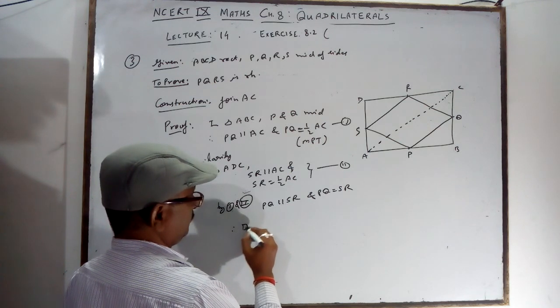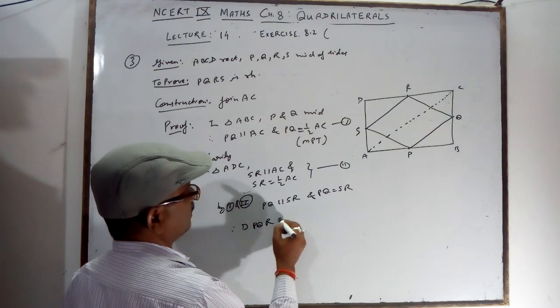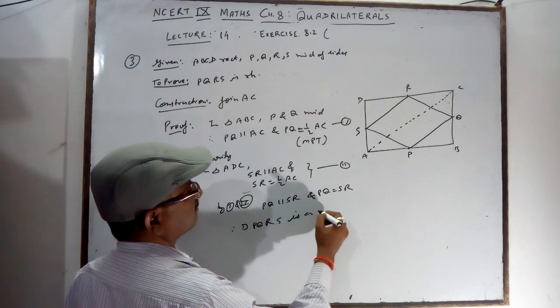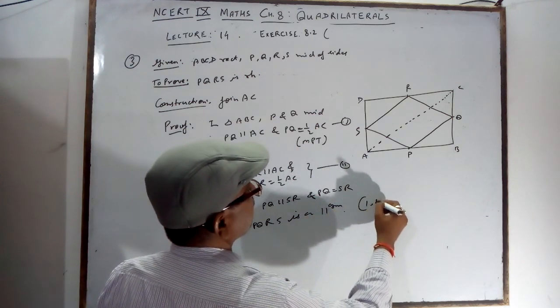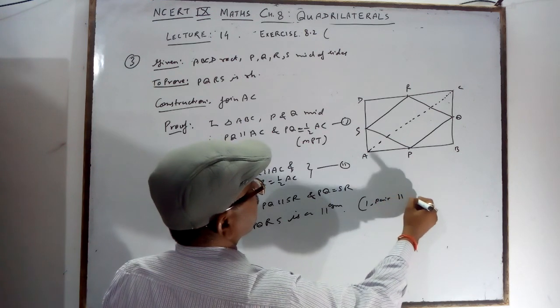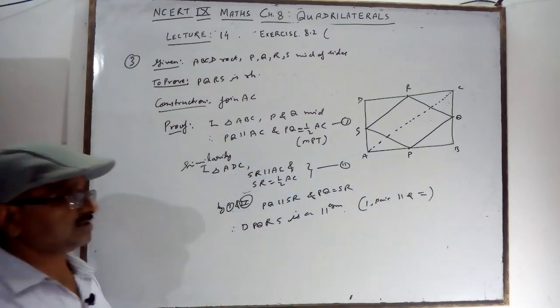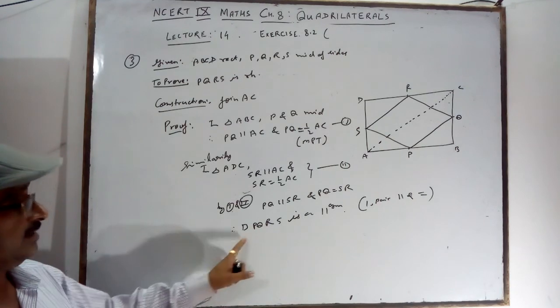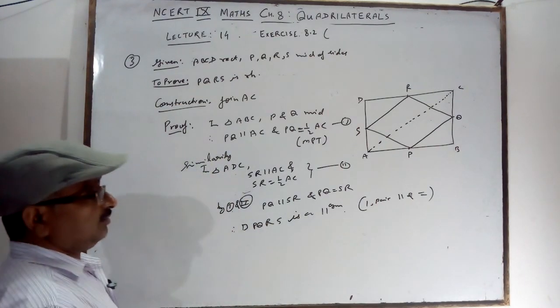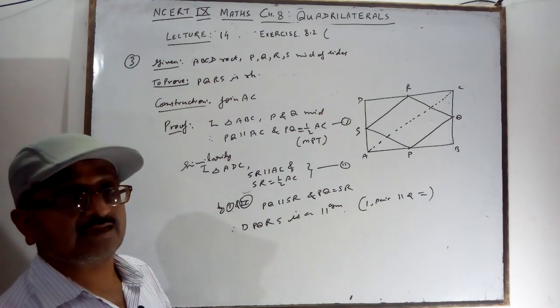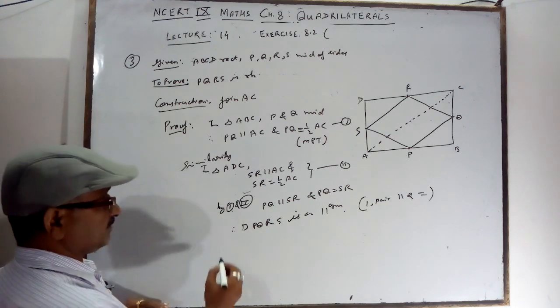Therefore, quadrilateral PQRS is a parallelogram. Reason: one pair of opposite sides is parallel and equal. Then the quadrilateral is a parallelogram. Now, if adjacent sides of a parallelogram are equal, then it is a rhombus.